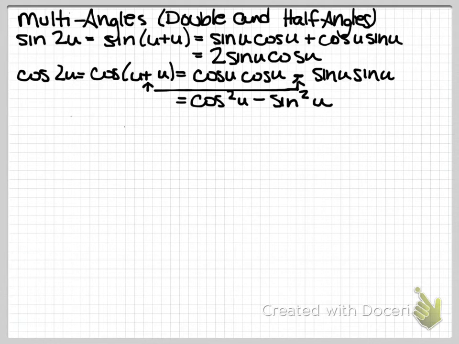Well, speaking of the Pythagorean identity, that means we have other things that are equal to cosine squared and sine squared. So the double angle for cosine has different versions. So the first version, I am going to put 1 minus sine squared in for cosine squared.